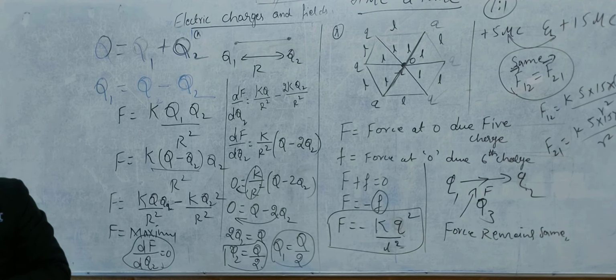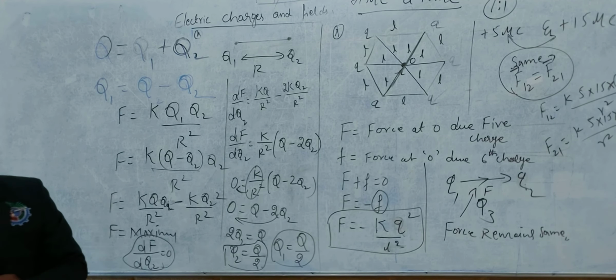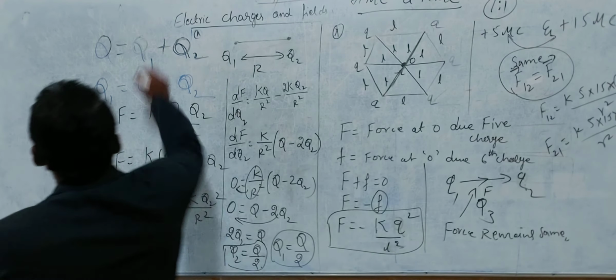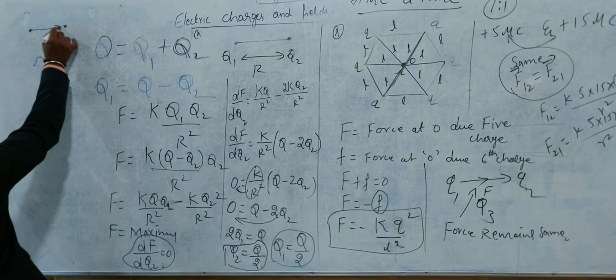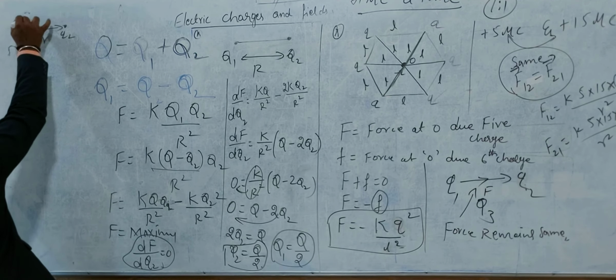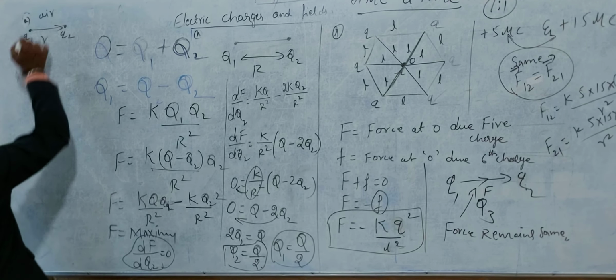Next one is the ratio of forces between two small spheres with constant charge. A charge is placed in air and in a medium of dielectric constant K. Consider two charges Q1 and Q2 separated by distance R. First, if the charges are placed in air, what is the force?